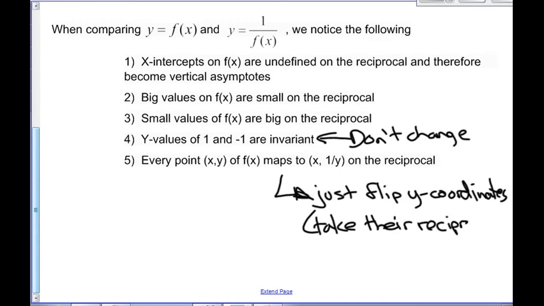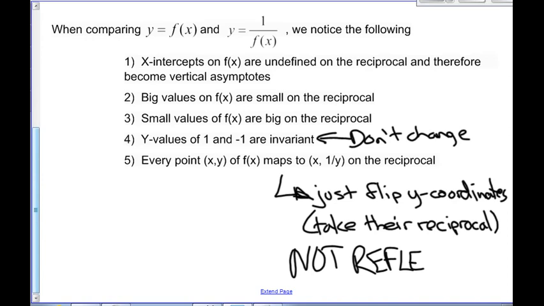That is not the same as reflecting them. We reflected for absolute value, so we popped stuff that was below the x-axis above it. Here we're just taking the reciprocal of every y-coordinate.